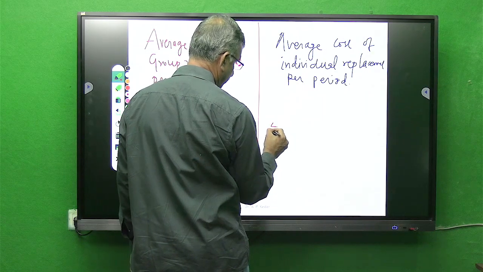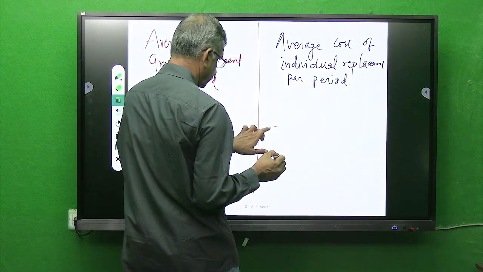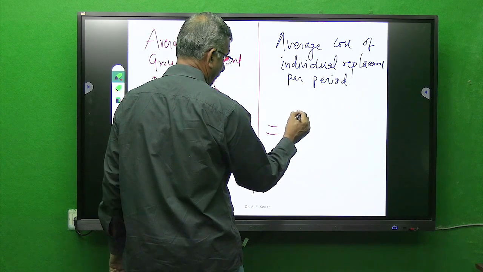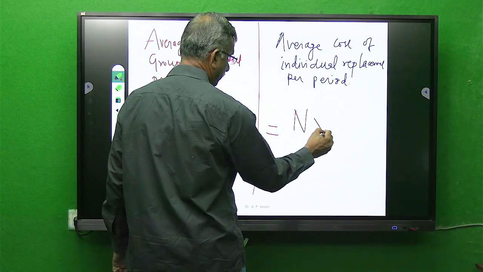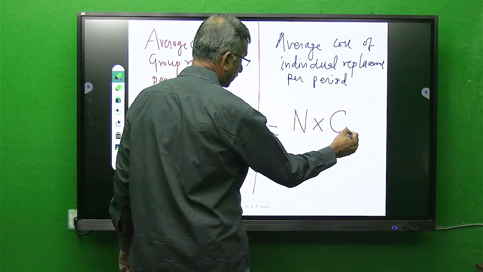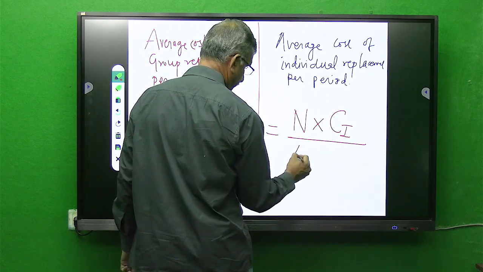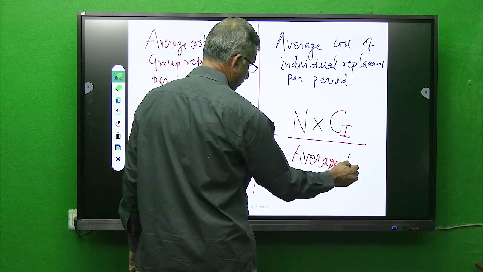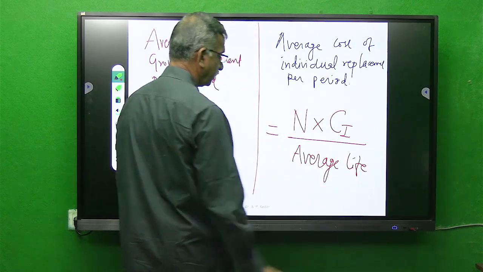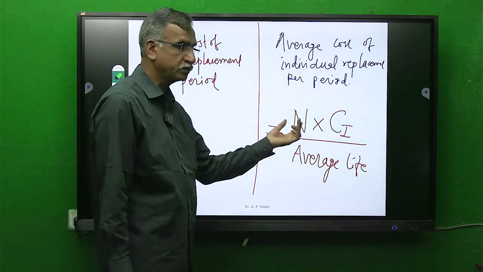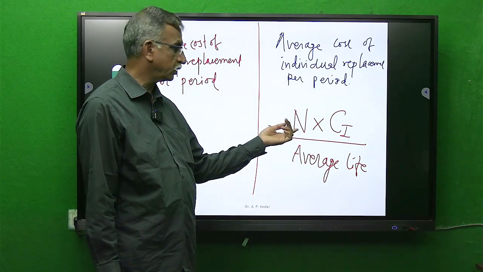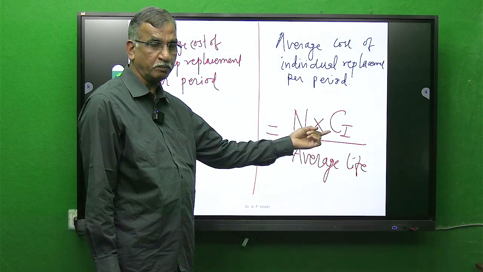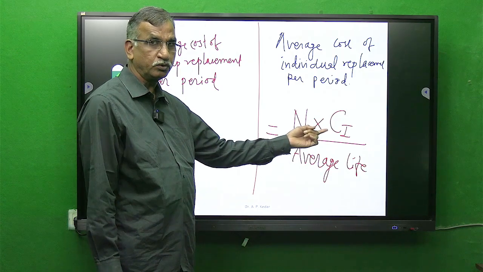The average cost of individual replacement is equal to N into Ci upon average life. Suppose we have N as 1000, we will put N as 1000, and Ci is the cost of an item when we are replacing by individual replacement policy.